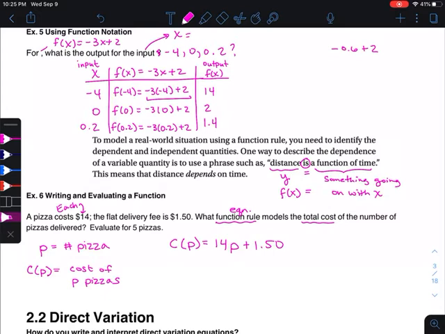So that just means plug in 5 where we see P. The cost of 5 pizzas is 14 times 5 plus $1.50. So if I took 14 times 5, that would give me 70, plus $1.50. We should end up with $71.50.